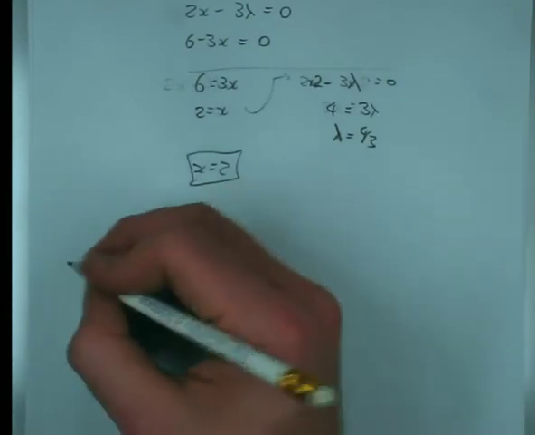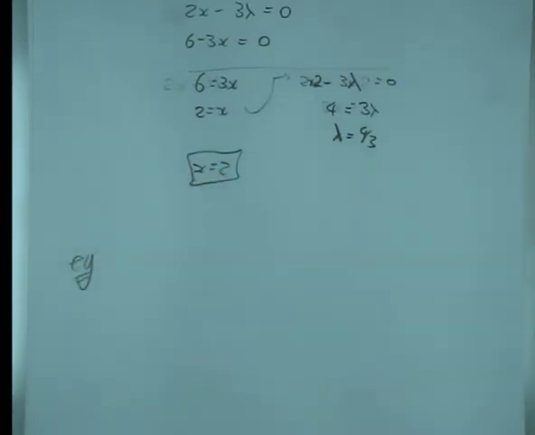And it works for any number of constraints. You just put more lambdas in, you know, lambda and mu and nu and rho. Okay, so here we go.